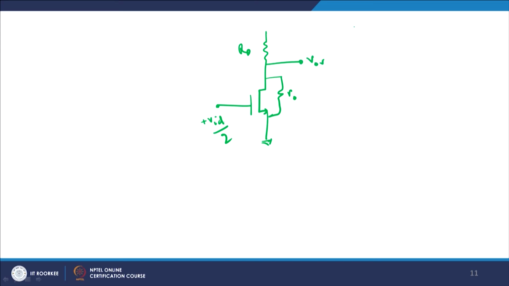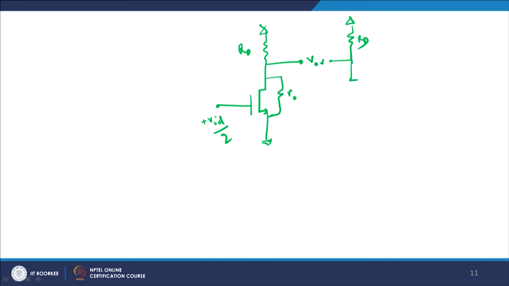It divides the whole circuit into two parts. The first part is basically your RD, and of course this is the plus VID by 2, half the value of the difference. Then you ground it first of all, and assume that across the drain to source you have R0 here and you have RD here, and then you will have V here and RD here, and this is grounded, this is also grounded.